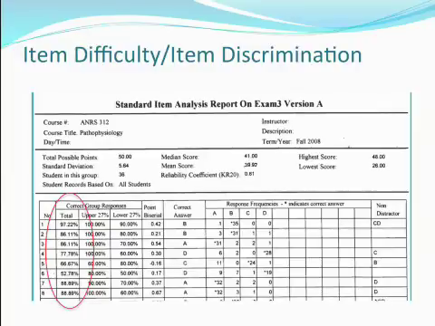You might want to do that in areas where you're testing patient safety or medication contraindications, things like that. So you always want the student body to get that question correct.